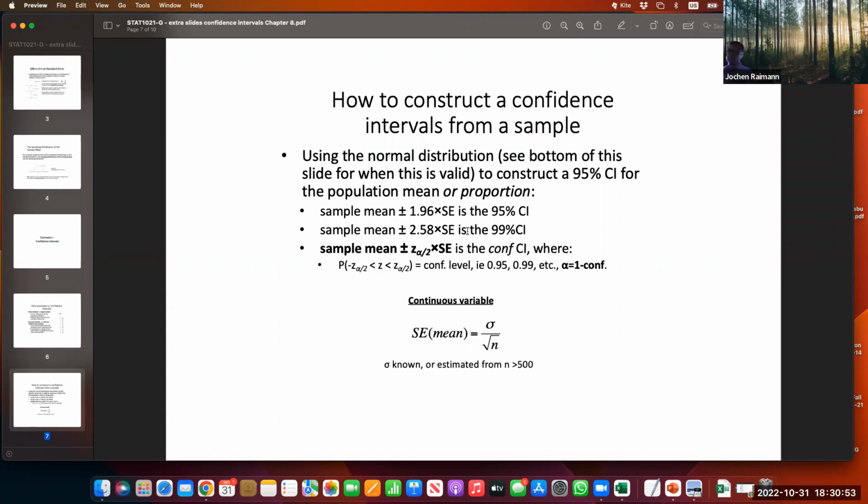You can also do a 90% confidence interval, which would be 1.65 multiplied by the standard error of the mean. Or you can use any other Z score, whatever confidence you're interested in. You can use this to describe the confidence within which you're certain your population mean is in there. So it's basically inverting the hypothesis testing.